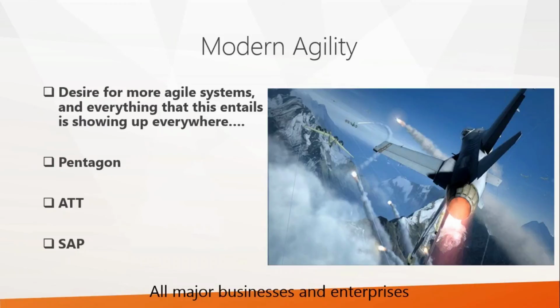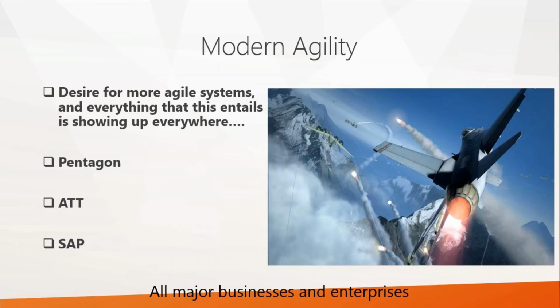We have a growing desire for more agile systems. These systems could be standalone systems, they could be human-machine systems. Largely, it's going to be human-machine systems that we are concerning ourselves with. And what does it mean by agile, and how do we get it?